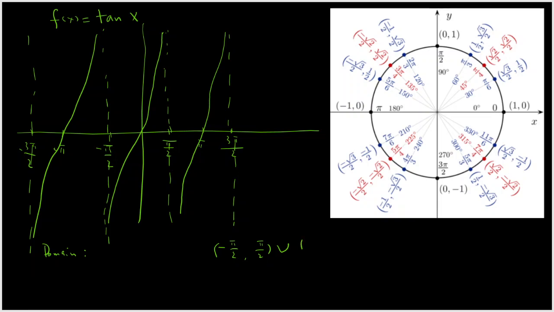Okay. Union. The next interval is from half pi to 3 pi over 2, right? Probably it's better to write another interval from negative 3 pi over 2 to negative half pi.